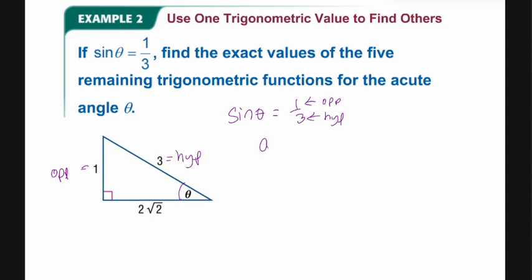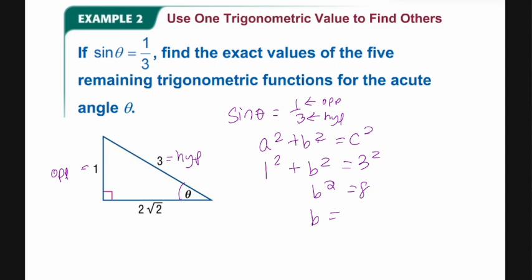So if we do a squared plus b squared equals c squared, because you have to have all 3 sides before we move on, that would be 1 squared plus b squared equals 3 squared. 3 squared is 9, 1 squared is 1, 9 minus 1 is 8, so b squared is 8.